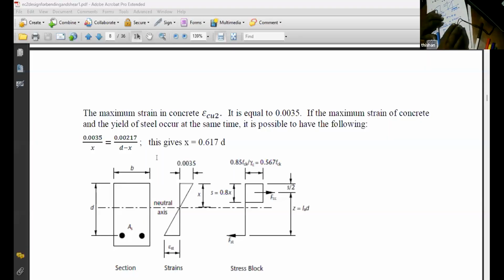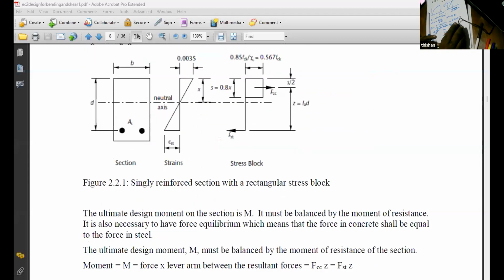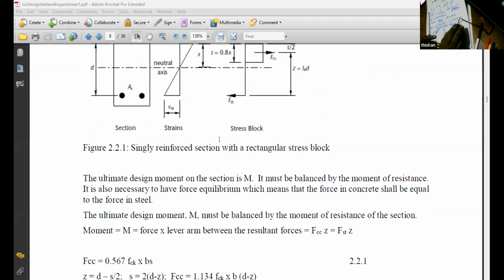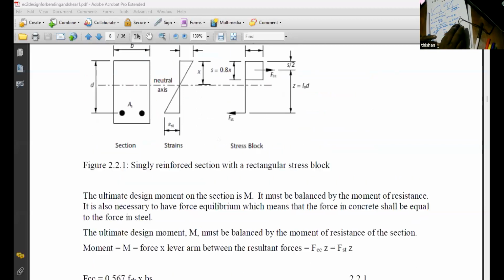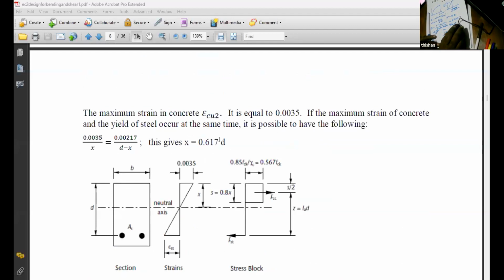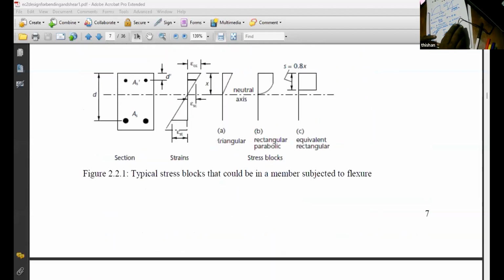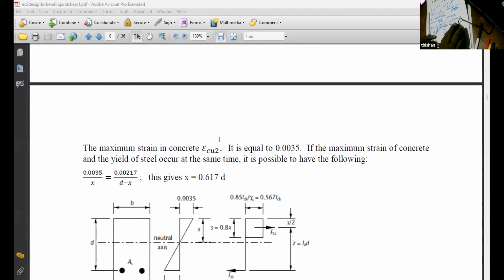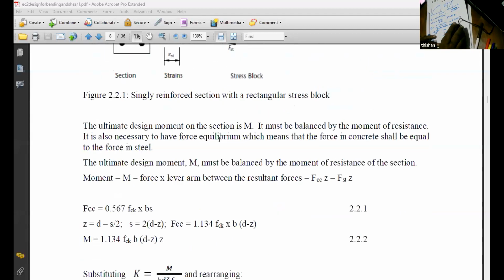Right. So if you look at the maximum strain, for the balanced section, x is equal to 0.617 d, but the maximum allowed is lower. Just one moment. The maximum allowed is 0.45, I think.